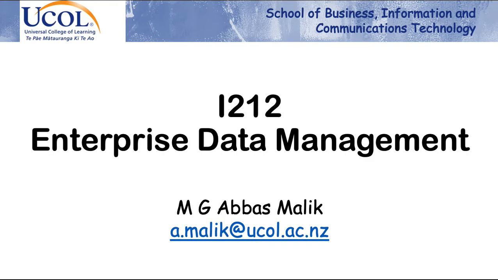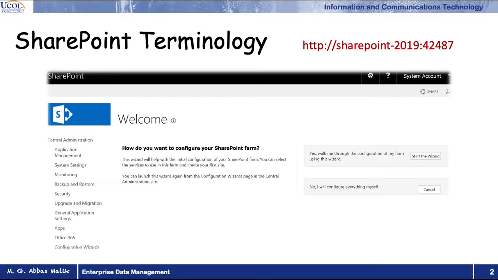Once you have configured SharePoint, it will show you this specific page. Once you have installed SharePoint, if you click on this specific URL, you can come to this page. Let me show you quickly.